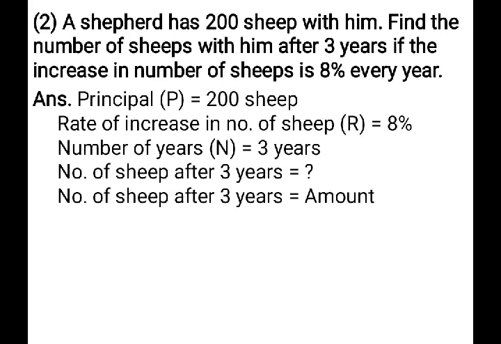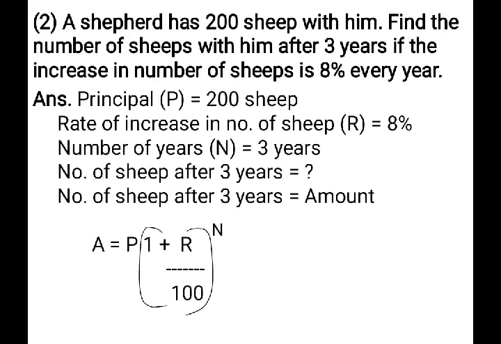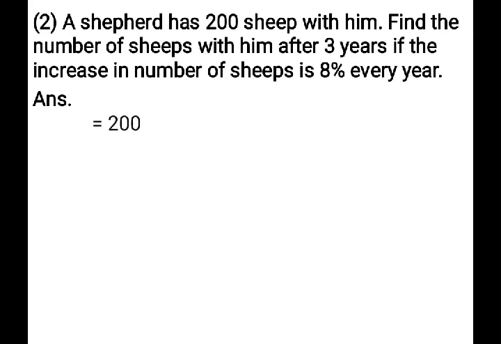The formula of amount of compound interest is: amount is equal to principal in bracket 1 plus rate of interest upon 100, raised to number of years. That is equal to principal 200 in bracket 1 plus rate of interest 8 upon 100 raised to number of years, 3 years.